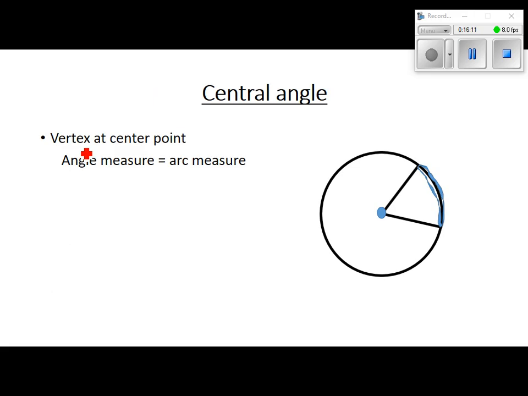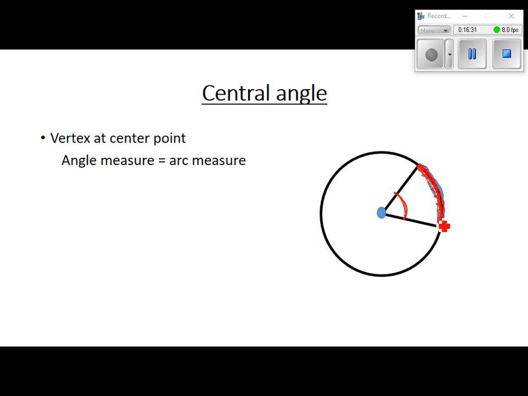All right, now the part that we're actually going to do on the packet. Again, central angle, we just talked about this. Angle measure equals the arc measure. So whatever the measure of this angle is has to be the same as the measure of this arc that it cuts off, the part of the circle that it cuts off. Angle and arc are the same.